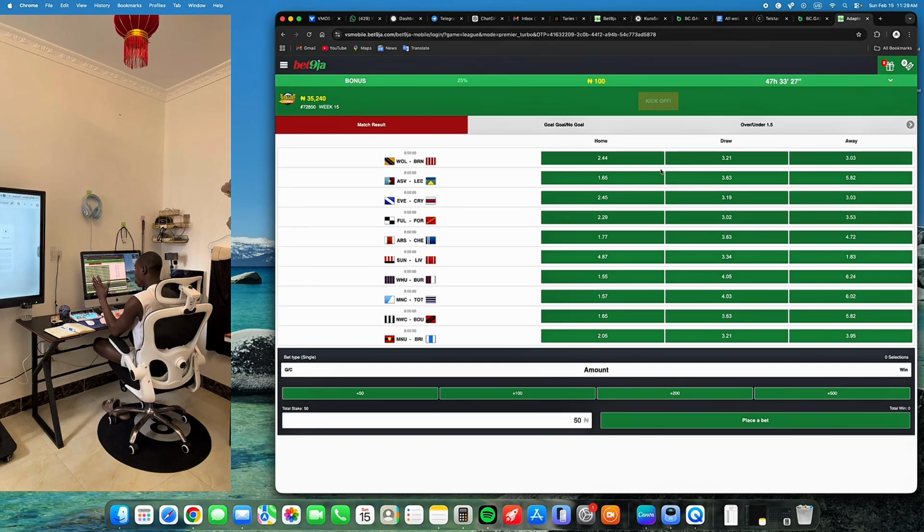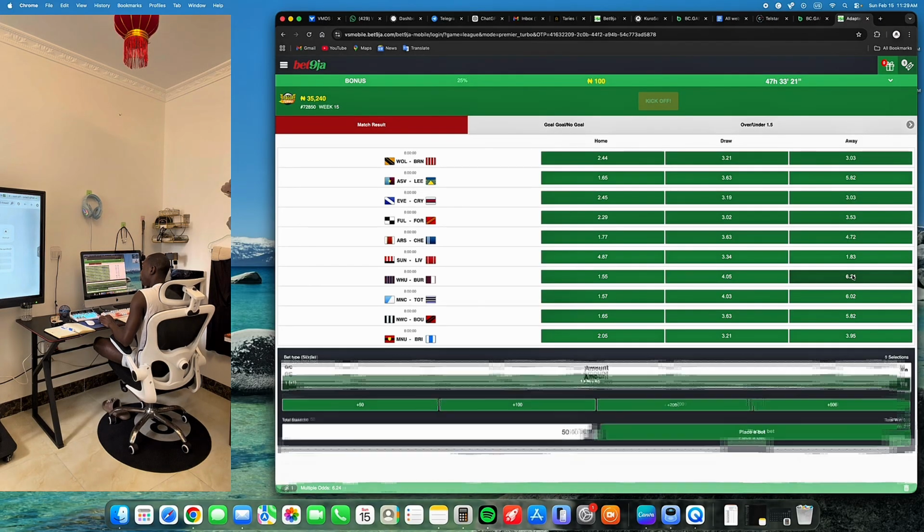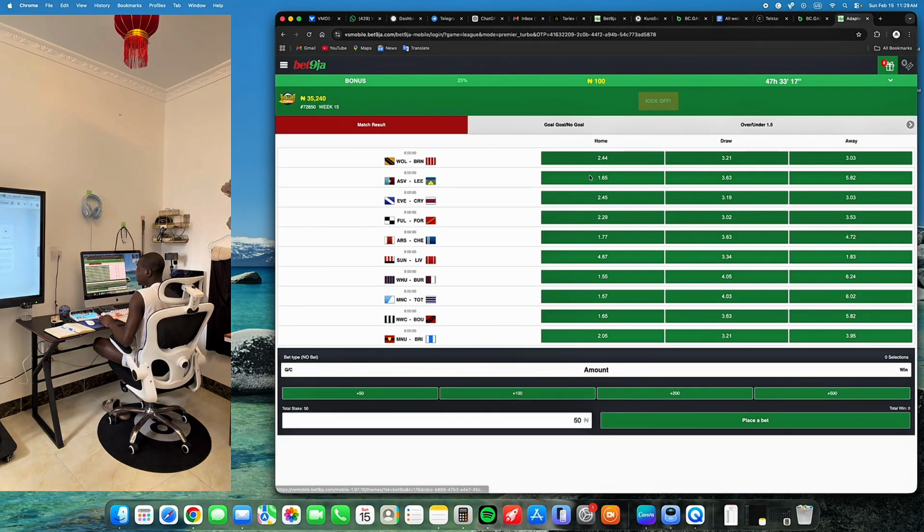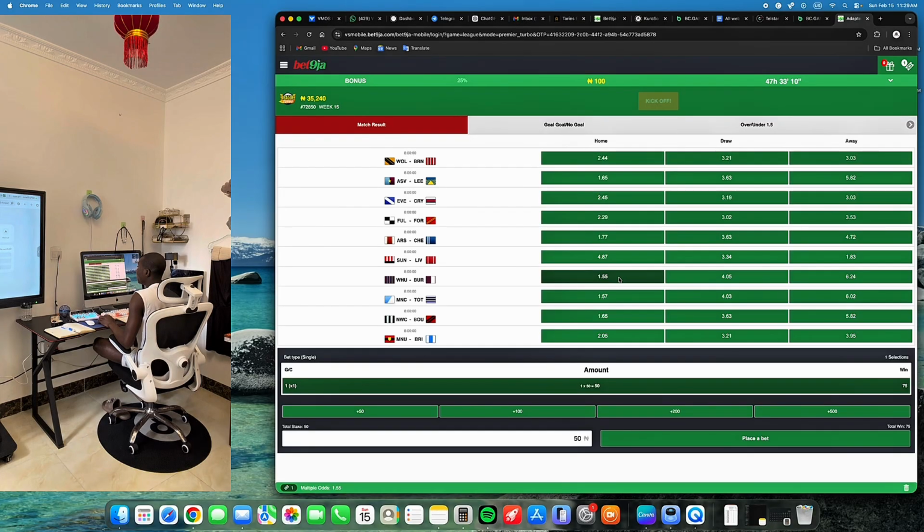Now we look at both sides, and the only low odd here is for Liverpool to beat Sunderland. And if we come to this side now, remember we are looking at the lowest odd. So the only pick here is West Ham to beat Burnley. So we just blindly pick that without analysis, considering we are just looking at odds only.